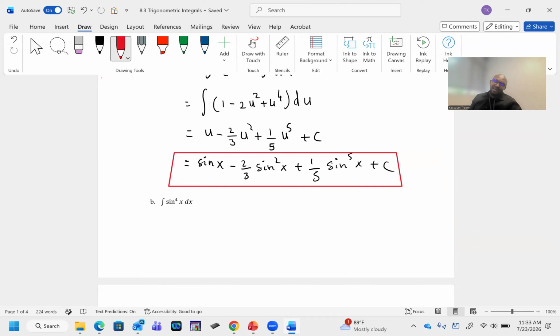So we have to think about maybe a half angle identity, but this power is even.